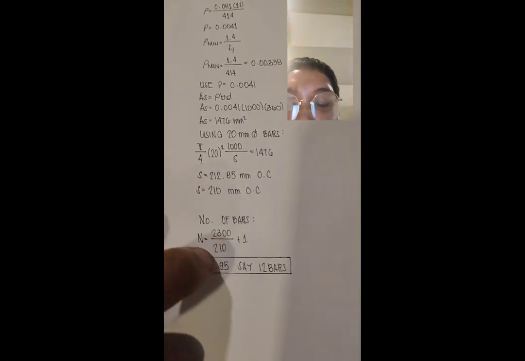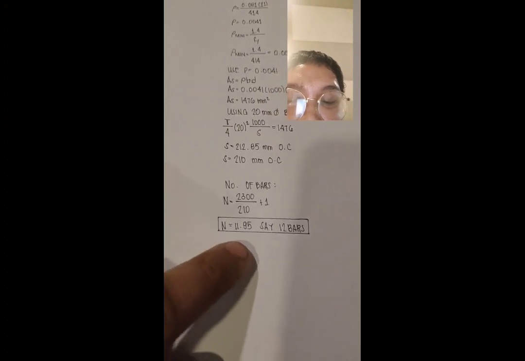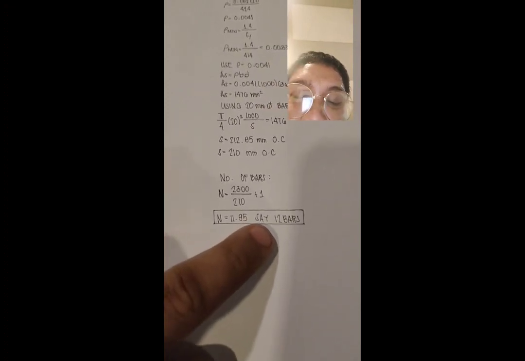We're getting the S here is equals to 212.85 mm on center is equals to 210 mm on centers. Yan. Number of bars is equals to 2,300 all over 210 na S plus 1. We're getting ito yung steel requirements. So here, N is equals to 11.25 C12 bars.